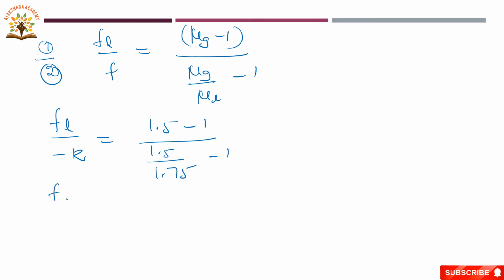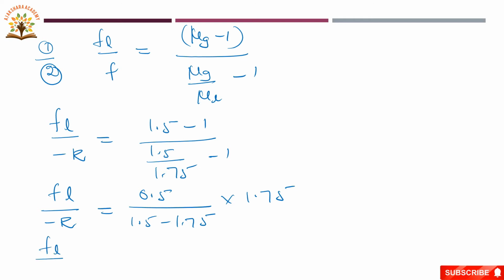Now FL by minus R is equal to 0.5 by 1.5 minus 1.75. Here we are taking LCM with 1.75. So FL by minus R is equal to 0.5 by minus 0.25 into 1.75.